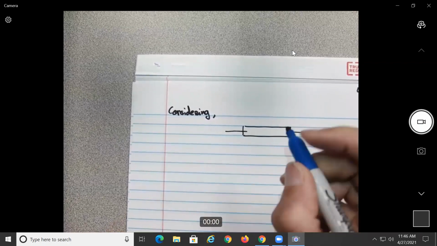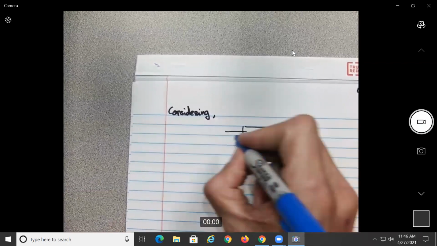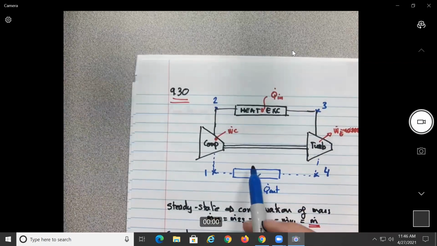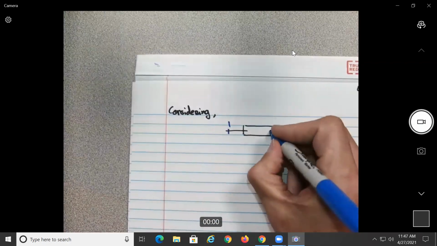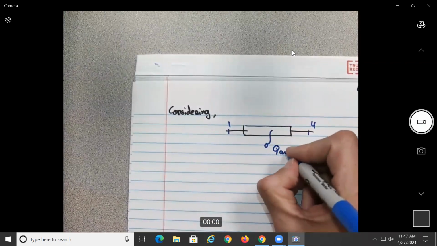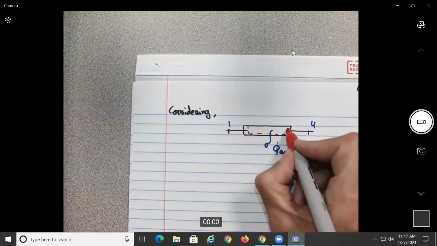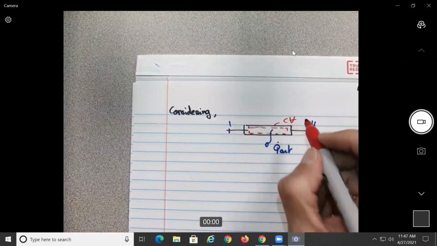This one is operating between 4 and 1. We need to find Q out, okay? This one over here. We have Q out. This is our control volume.